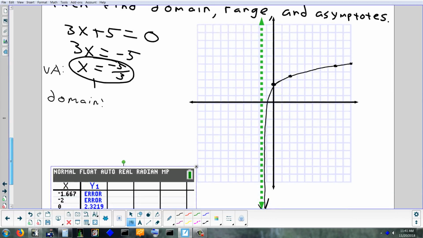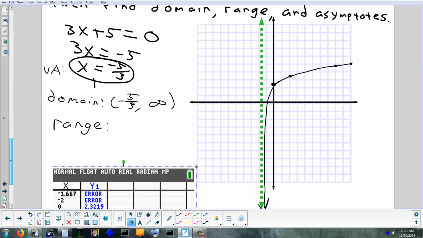Well, it's from the asymptote, which is around negative 1.7, so negative 5/3 to infinity. Does it ever reach negative 5/3? No. So your domain is negative 5/3 up to infinity.